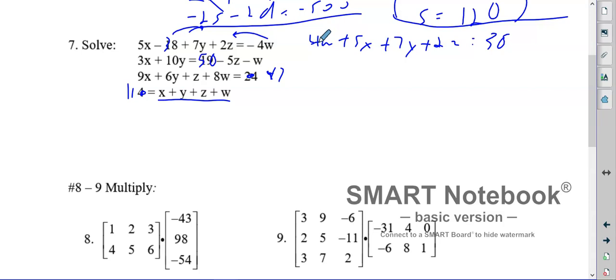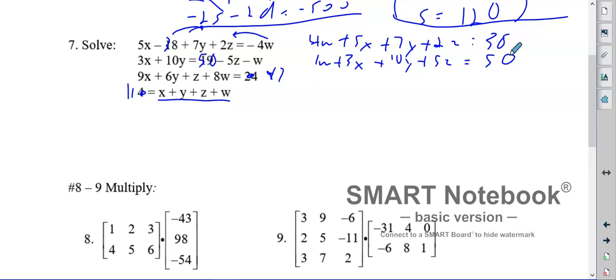And then here, again, the W has to come over, so that's going to be 1W. The 3X stays positive. The 10Y stays positive. The negative 5Z is going to move over and become plus 5Z. And the 50 stays positive.